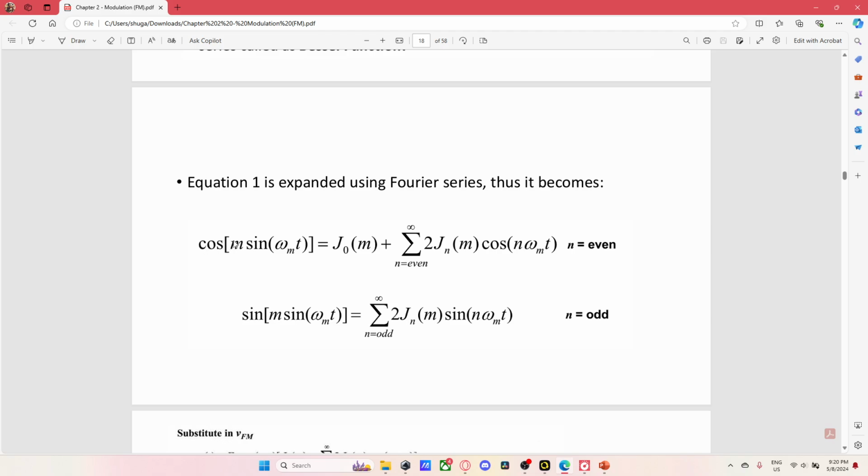Cos(index sine omega m t) is equal to J0(index) plus the summation of n even of 2Jn(m) cos n omega m t. While when n is odd, we use sine instead of cos. Sine(index sine omega m t) is equal to the summation of 2Jn(m) sine n omega m t.